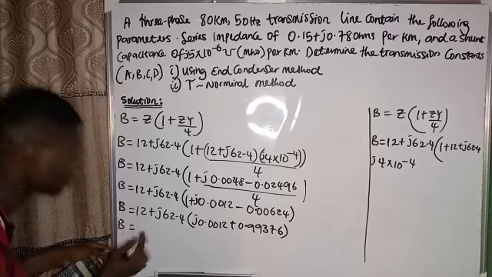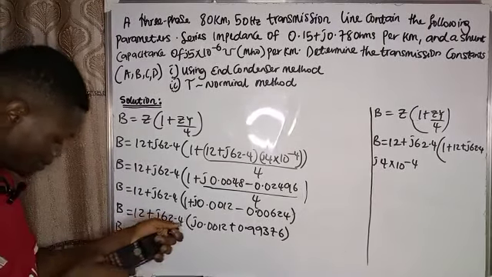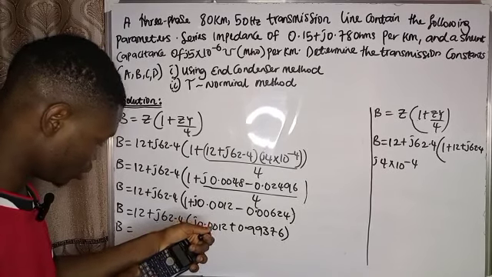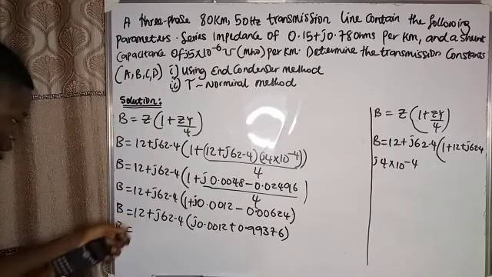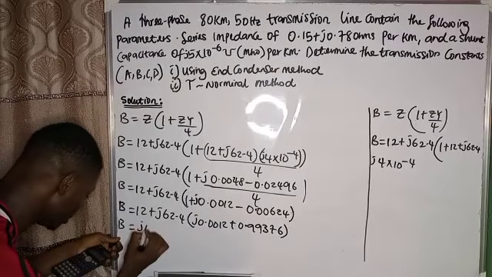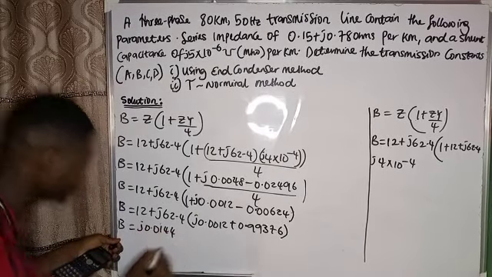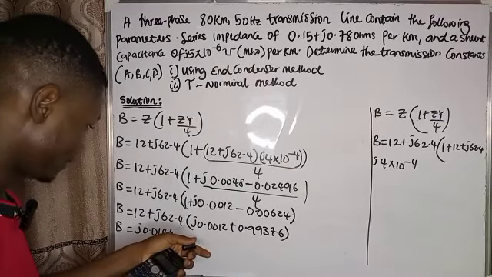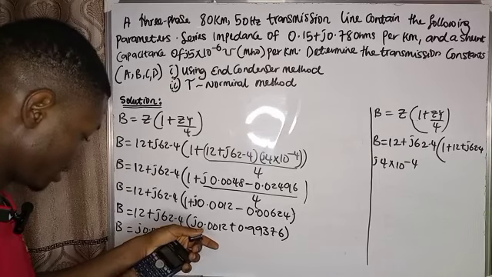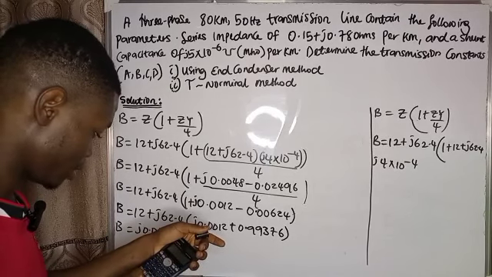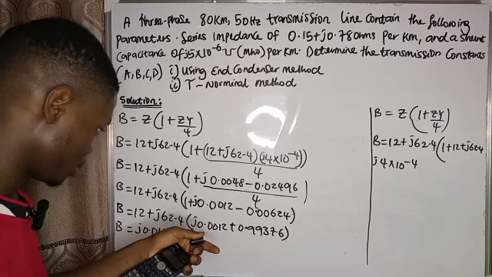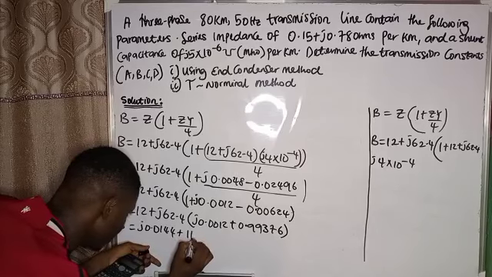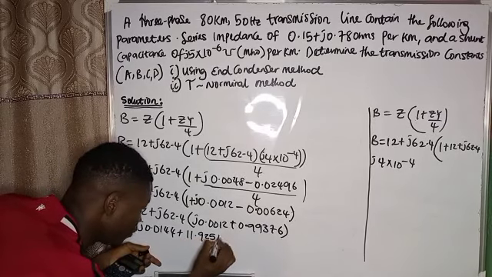So my B is equal to 12 times this, which gives me 12 times j0.0012, which is j0.0144. Then this one times this one, 12 times 0.99376, will give me plus 11.92512.